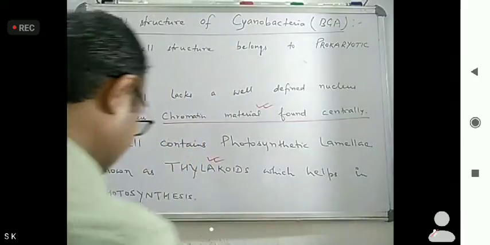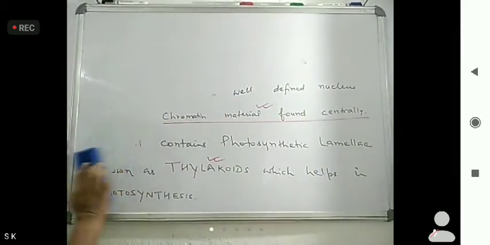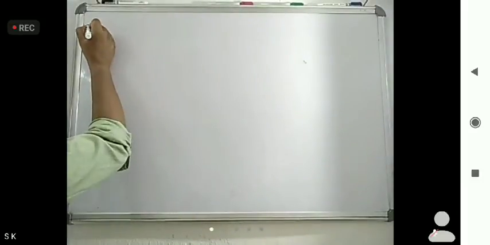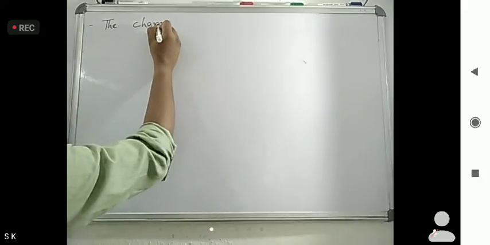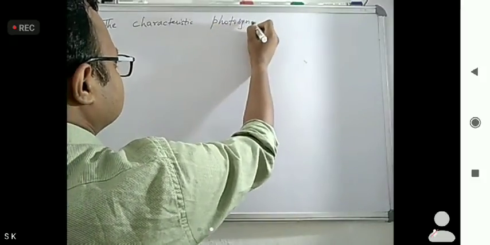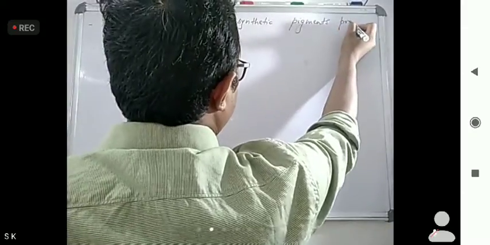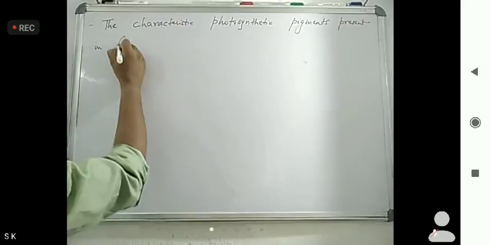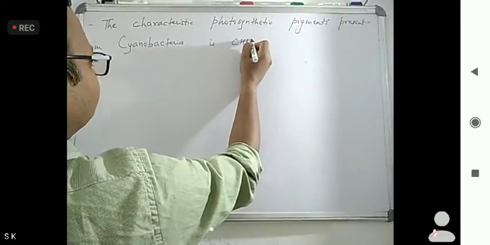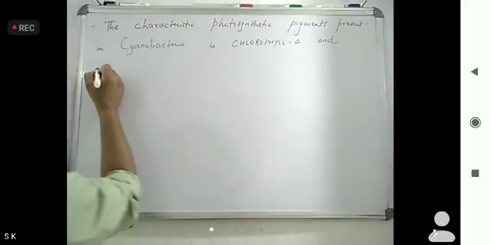So the characteristic photosynthetic pigments present in cyanobacteria are chlorophyll a and phycobilins.